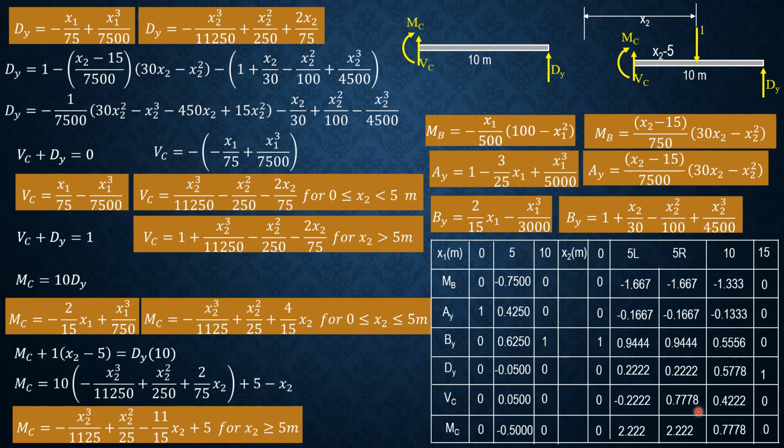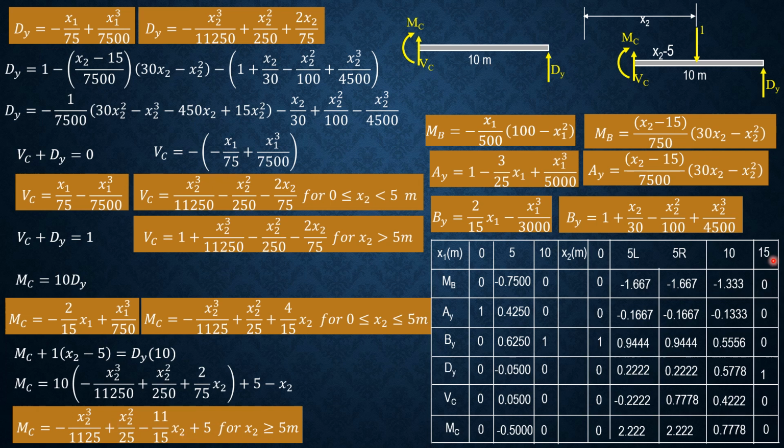Then when x2 is 10, so this is the applicable formula, you will get 0.4222. For moment at C, when x1 is 5, substitute 5 here, you will get negative 0.5. When x2 is 5, left or right, it's the same, substitute here, you'll get 2.2222. And lastly, when x2 is 10, you will get these values.